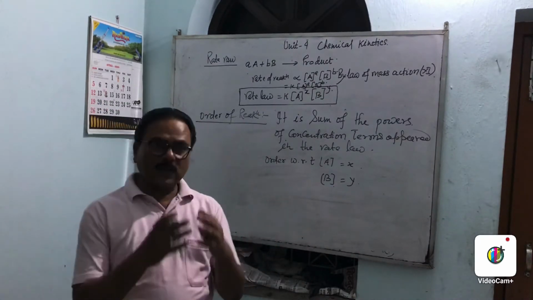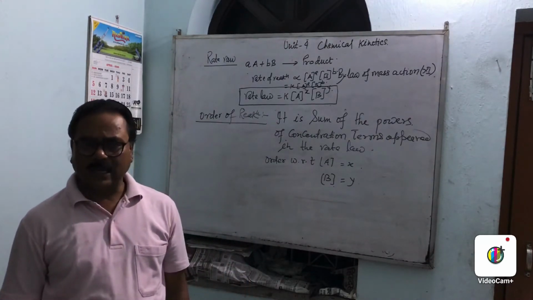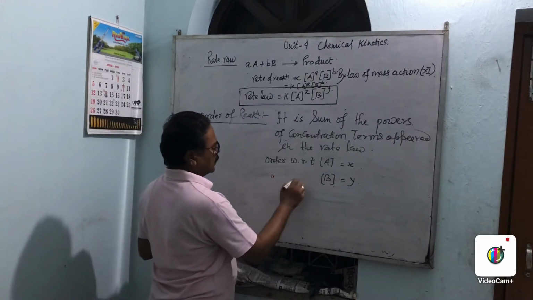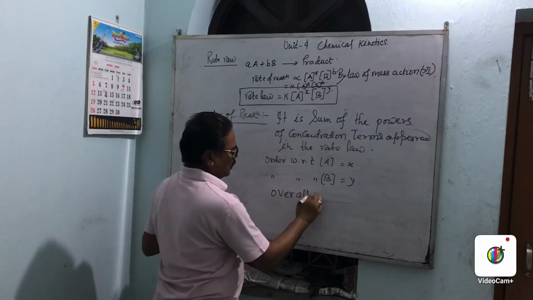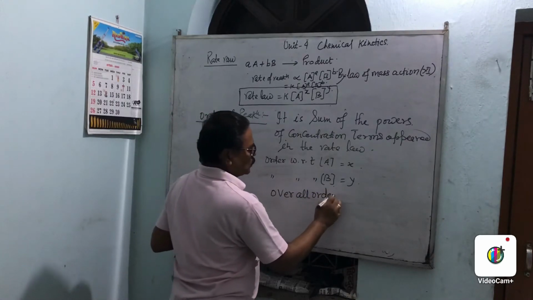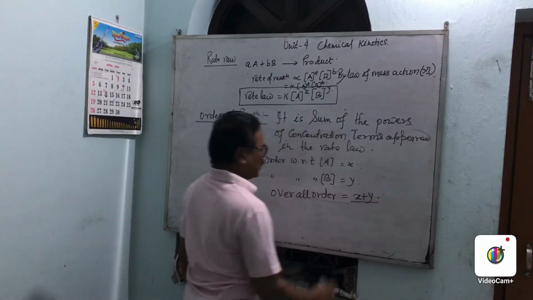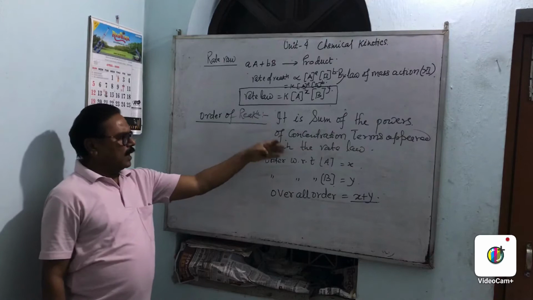What is the total weight carried by both students? That is 10 plus 20, that is 30. So for overall order, we take the overall order, which is equal to x plus y. This is called the order of a reaction. So we are able to define the order.